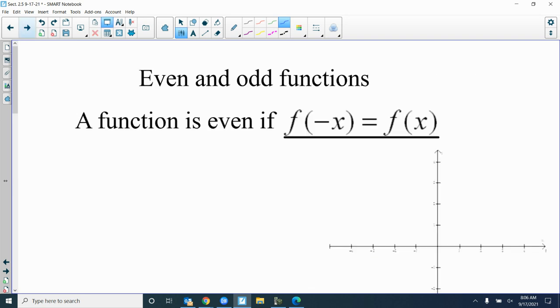Okay, even versus odd functions. This will come up a lot, and it usually takes a couple of times for everything to sink in. A function is even, and this is kind of your definition.